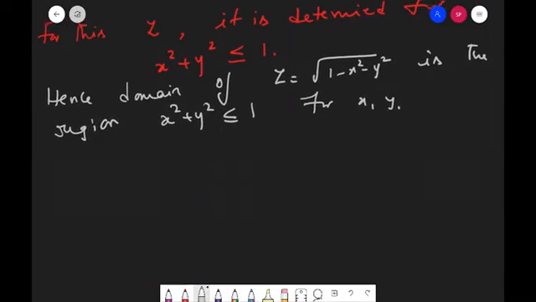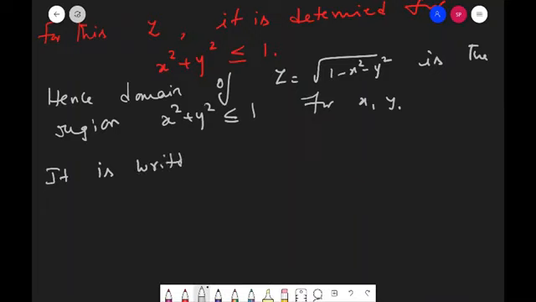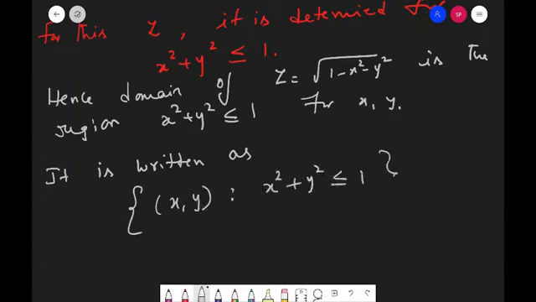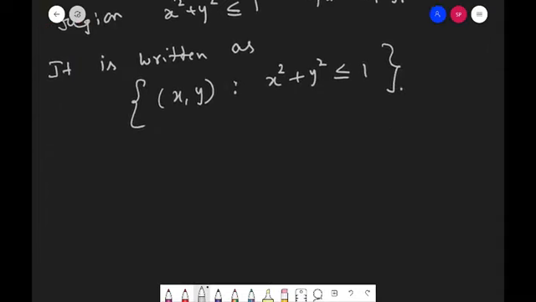I will write it as the set containing all the points x, y such that x square plus y square is less than or equal to 1. Now let us see, we can even determine this geometrically.